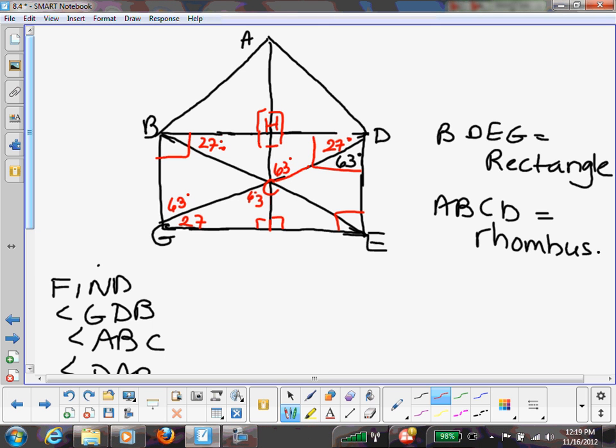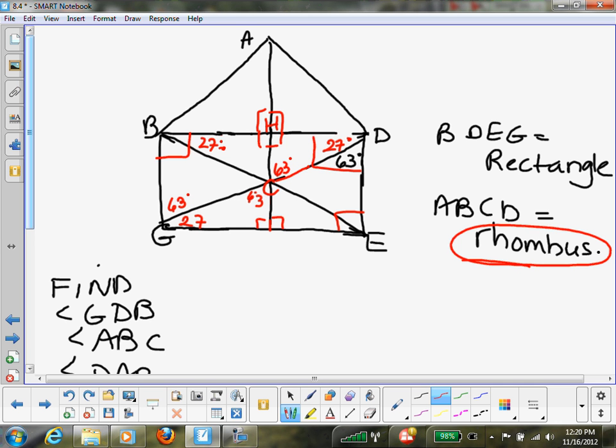Okay. BE. Look at your rhombus, guys. It has to do with why we have a rhombus.